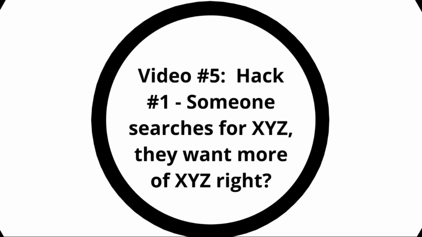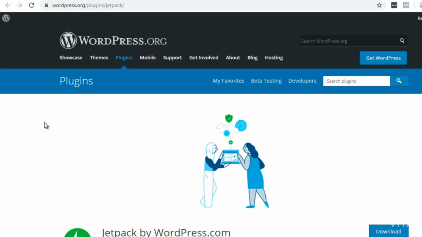All right, so let's talk about plugins that you can use. Now, before we discuss what plugins you should use in terms of setting up the related post functionality, whenever you choose a plugin, bear in mind that you should choose one that does not slow your site down.